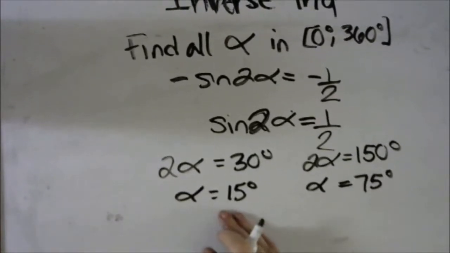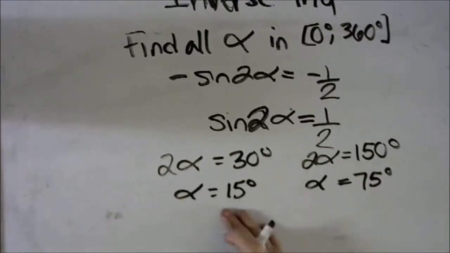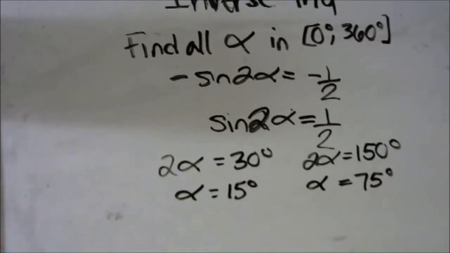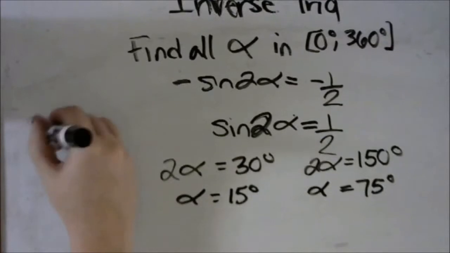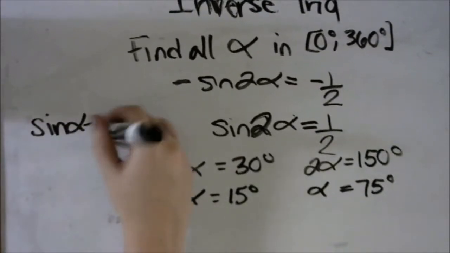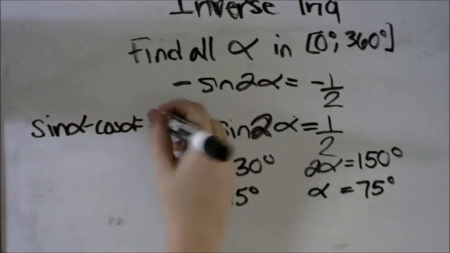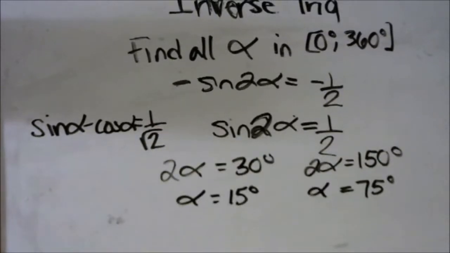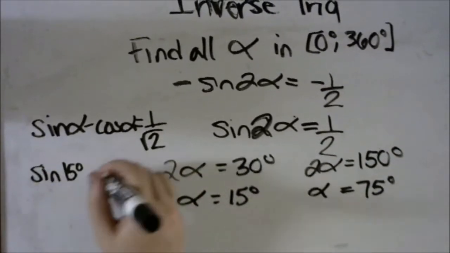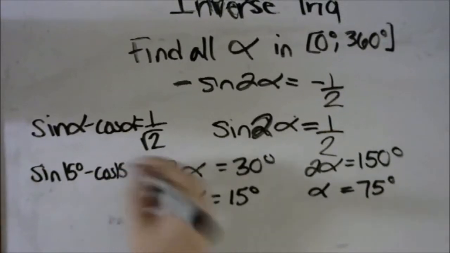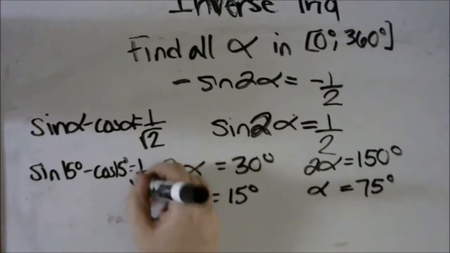In order to make sure we don't have an extraneous solution, we're going to need to plug both of these back into the original equation. So the original equation was sine alpha minus cosine alpha is equal to 1 over rad 2. If I plug in 15 degrees, I get sine of 15 degrees minus cosine of 15 degrees equals 1 over rad 2.